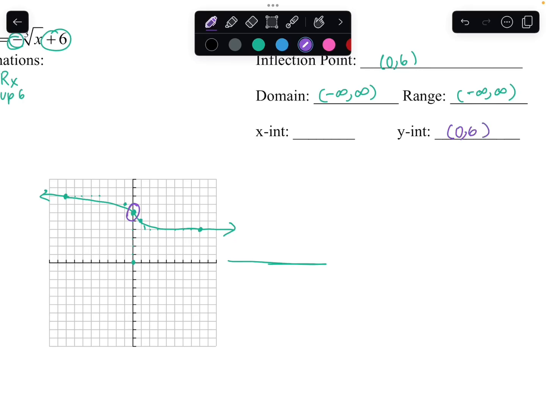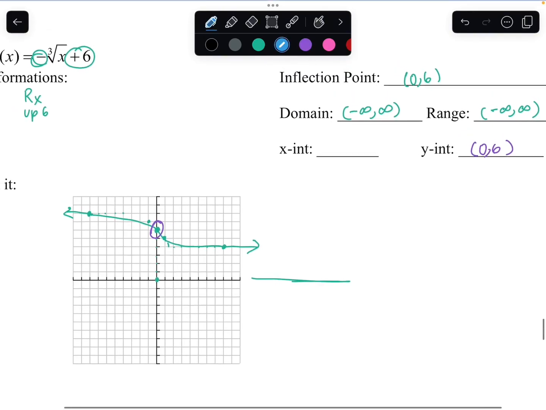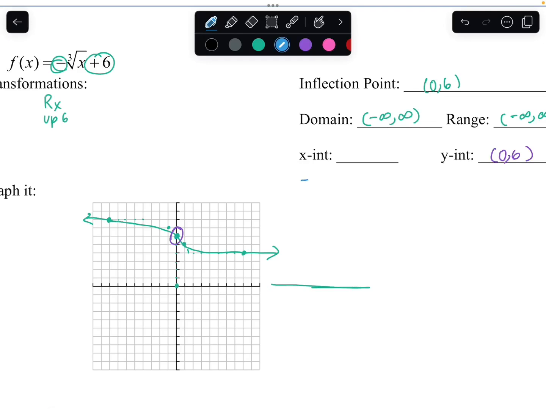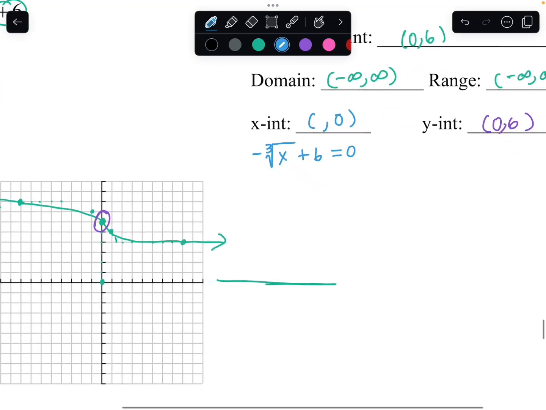It's 0, 6. And so to find the x-intercept, you need to set the equation equal to 0. It's when the y value is 0. So you put 0 in for the f of x term. And so isolate the radical. You get negative cube root of x equals negative 6.